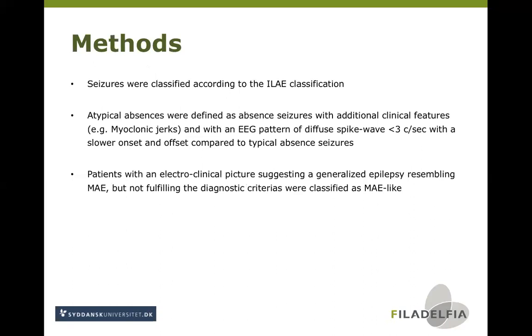And patients with an electroclinical picture suggesting a generalized epilepsy that resembles myoclonic atonic epilepsy, but not really fulfilling all the diagnostic criteria, were classified as MAE-like because they were so close to the MAE phenotype.